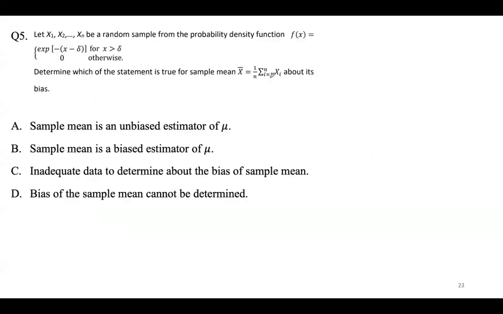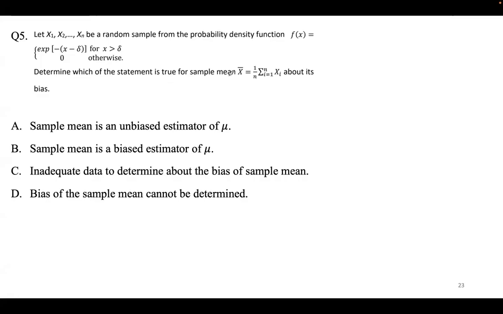So that's one question. Okay, there are a few questions now about unbiased estimators and variance of these estimators. So if you have a random sample, and this is the probability density function, which of the following statements is true when you're defining sample mean as x bar?